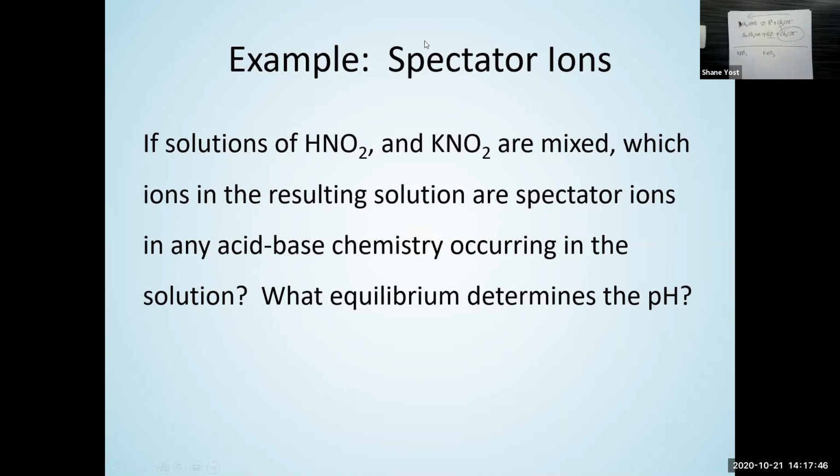Any acid that is not a strong acid is a weak acid, and a weak acid is a weak electrolyte. A strong acid is a strong electrolyte; strong acids 100% dissociate. Weak acids only partially dissociate and establish an equilibrium. So any acid that is not on that list of strong acids that you need to remember is going to be a weak acid. And so this is a weak electrolyte.